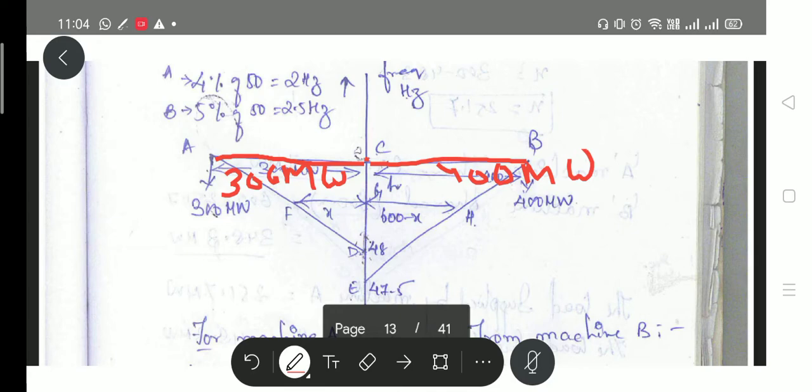I am taking C. The y-axis is frequency in hertz.